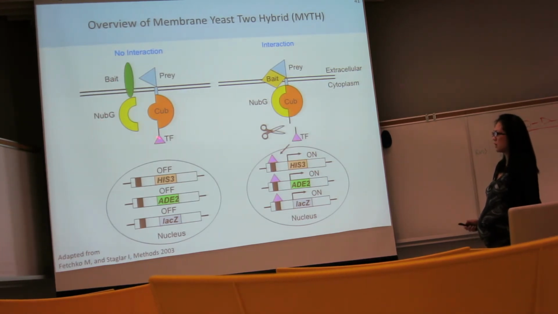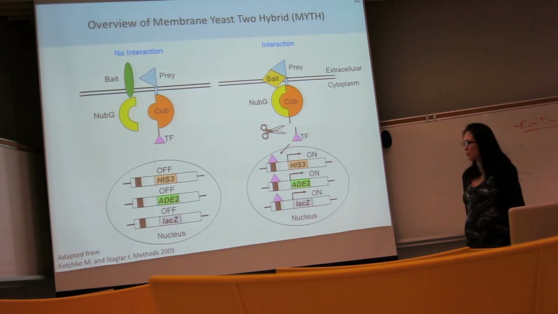If there's no interaction, then these two units do not come together, and there's no activation of the reporter genes. However, if there is an interaction between bait and prey, then a fully formed ubiquitin molecule is created, recognized by enzymes which cut off the transcription factor, which then enters the nucleus to activate the expression of these three reporter genes.